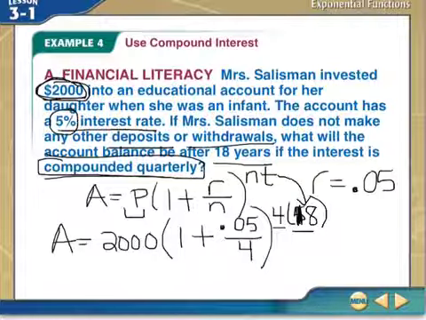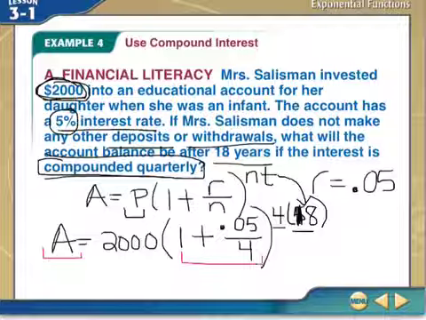Now, what we want to find is the value of A, the amount in the account after said 18 years. So we're first going to calculate what the inside of our parentheses is equal to, because we follow order of operations and we always simplify within parentheses first.